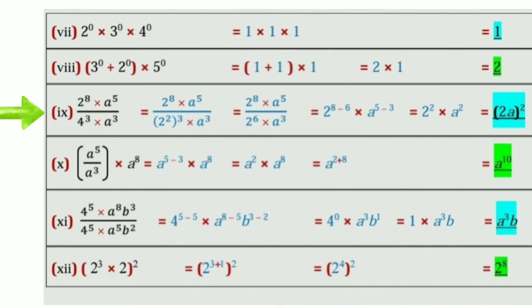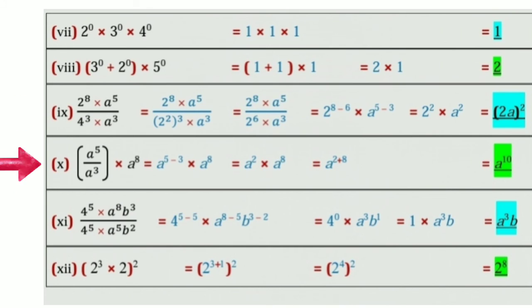On simplifying this, we will get 2 raised to 8 minus 6 into a raised to 5 minus 3, is equal to 2 square into a square. Now again use one simple formula. We will get (2a) the whole square. It's clear, everyone? Very good.